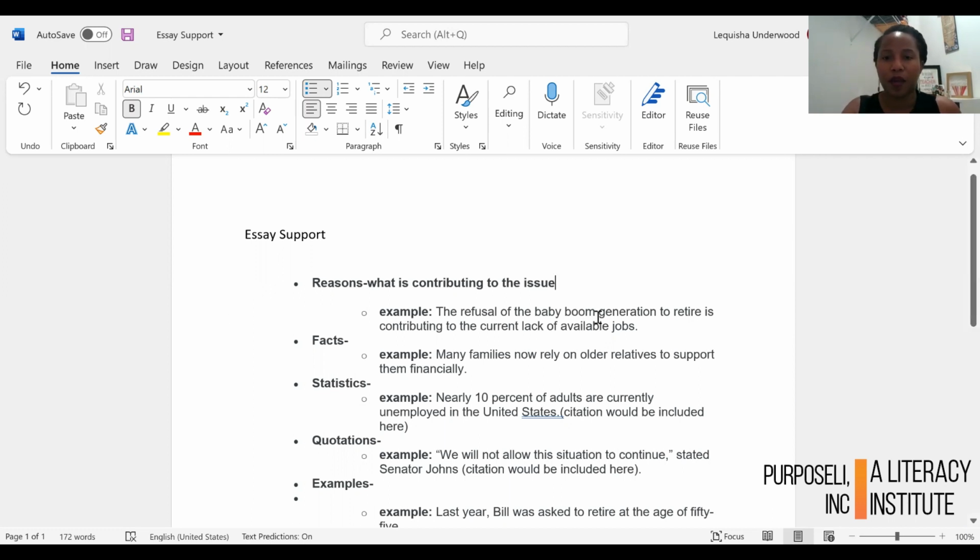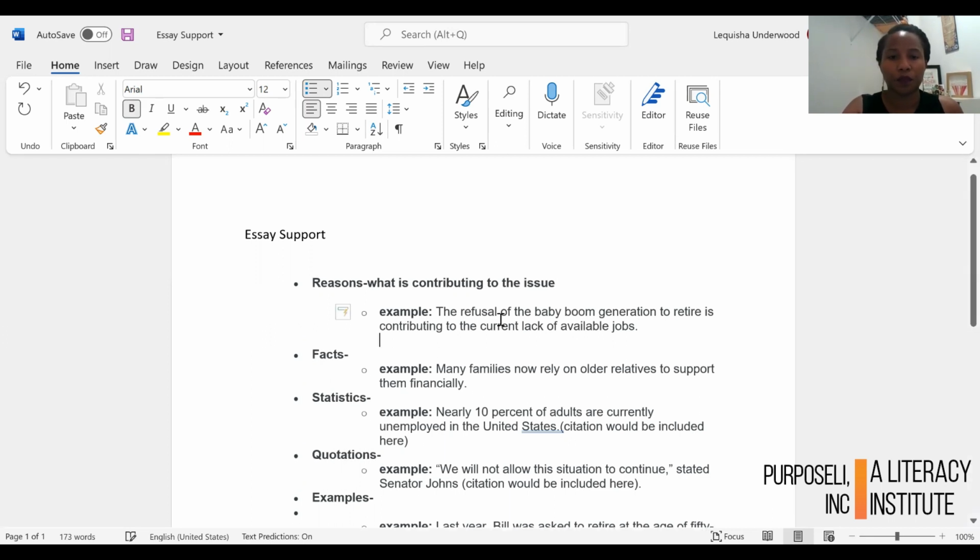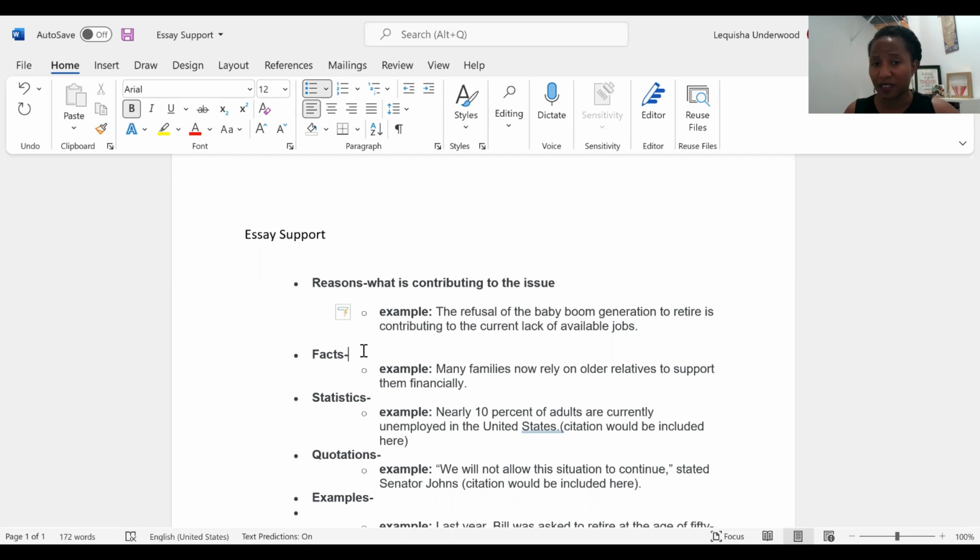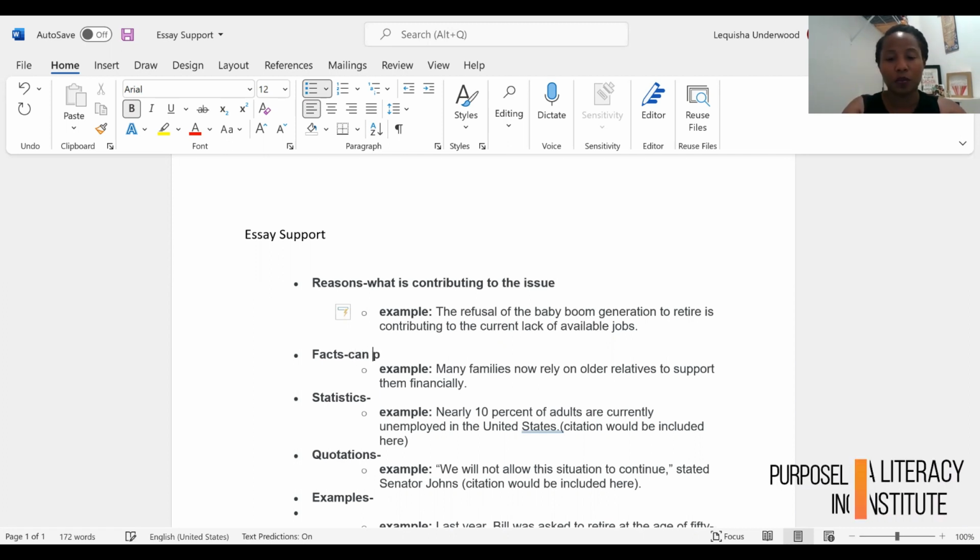The next type of support, you can include facts. Now, being that we're talking about a timed essay, you may not have facts right offhand, but if you can think of some that truly relate to your topic, this will definitely be helpful. Facts are something that can be proven correct or incorrect.